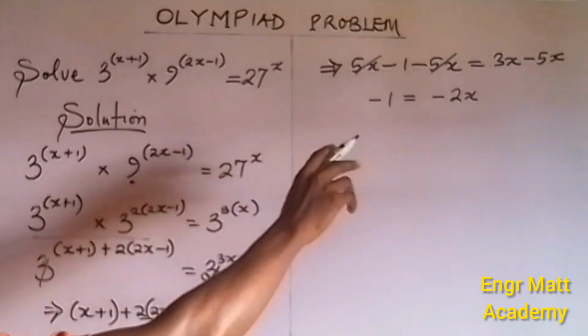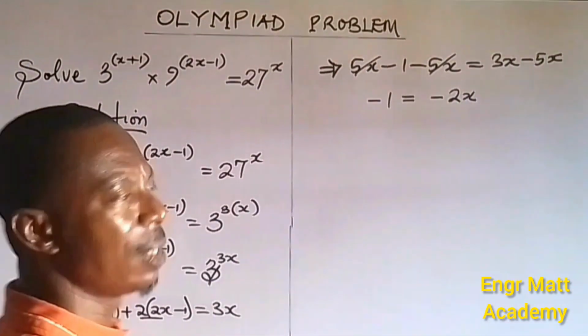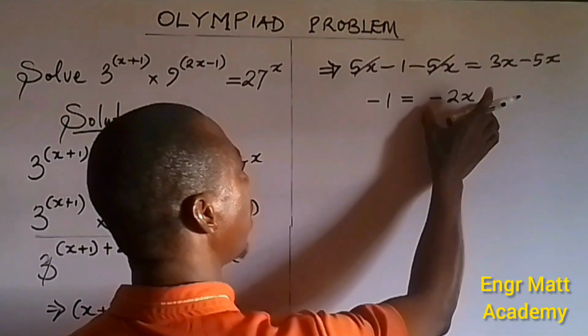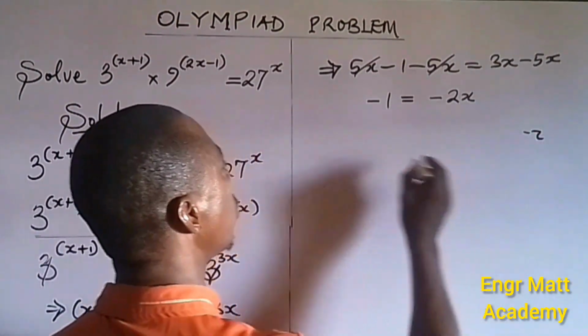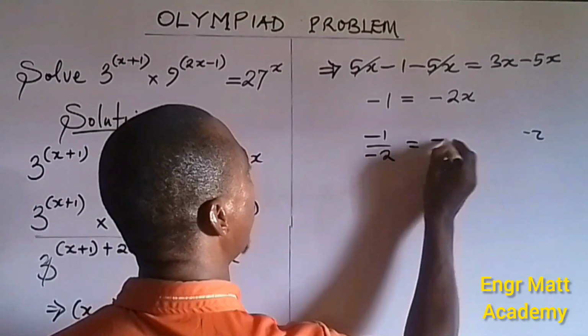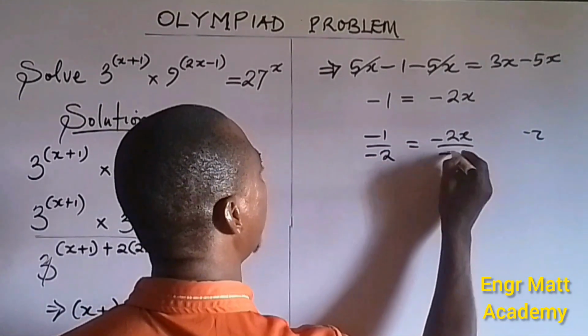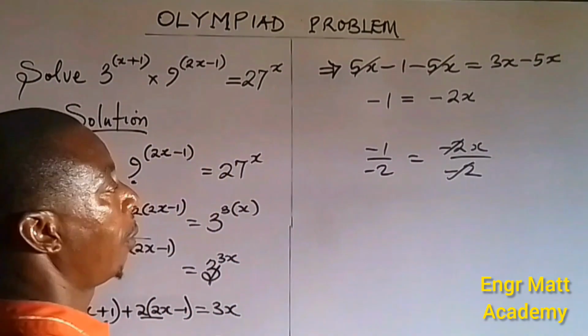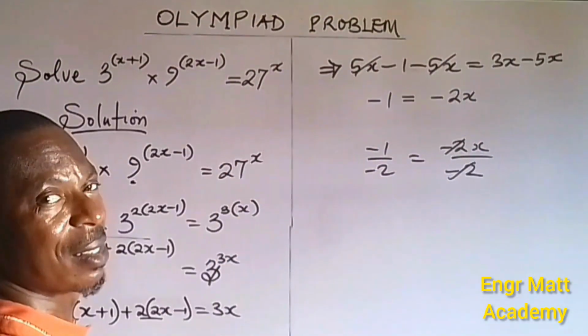To get the value for x, we divide both sides by the coefficient of x, and the coefficient of x is minus 2. So we say minus 1 over minus 2 equals minus 2x divided by minus 2. Of course, minus 2 will cancel out here and we have x on the right hand side.